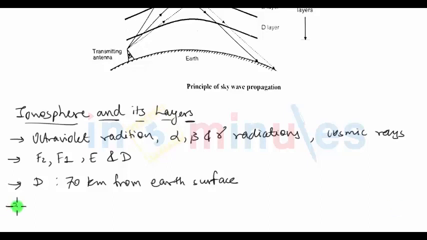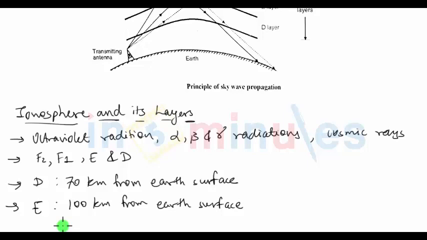The next layer is the E layer, existing at an approximate height of 100 km from the Earth's surface. The thickness of the D layer was approximately 10 km. The thickness of the E layer is approximately 25 km. The E layer also almost disappears at night due to the recombination of ions and molecules.